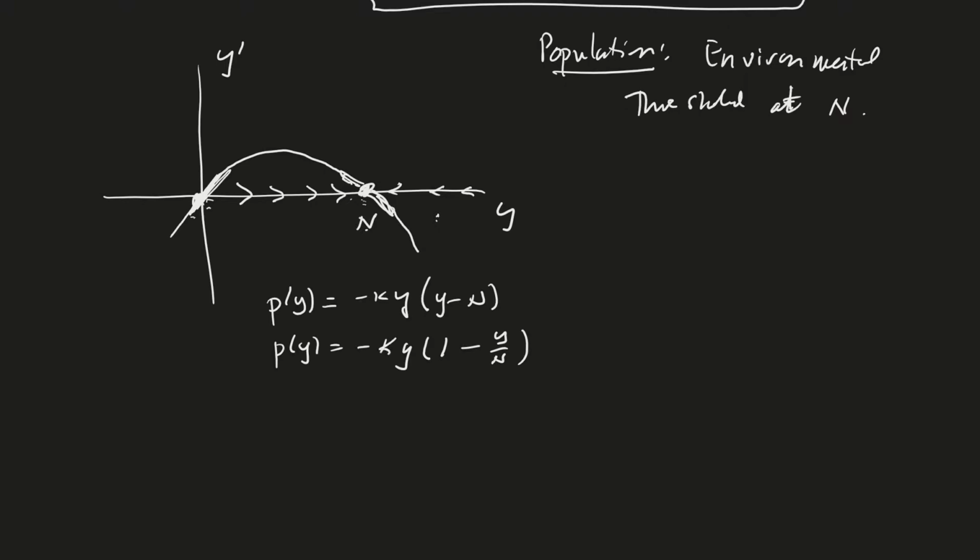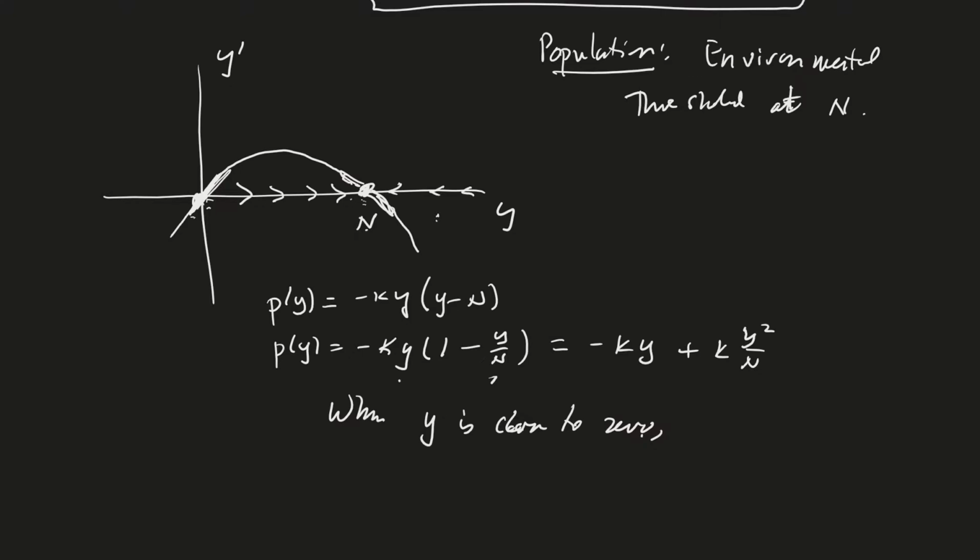You'll notice that it still has zeros at 0 and at n, but now when y is close to 0, by the way, this is equal to minus ky plus k y squared over n.